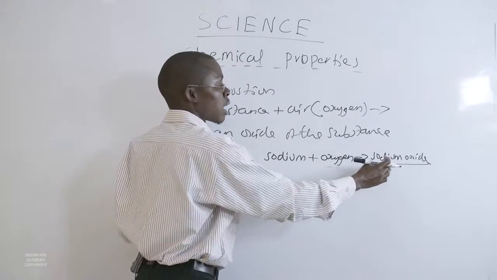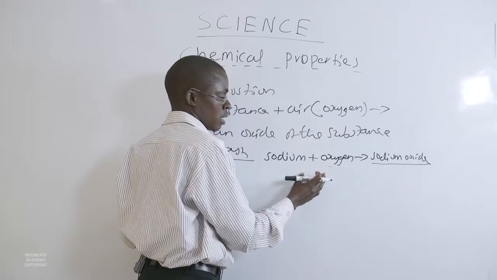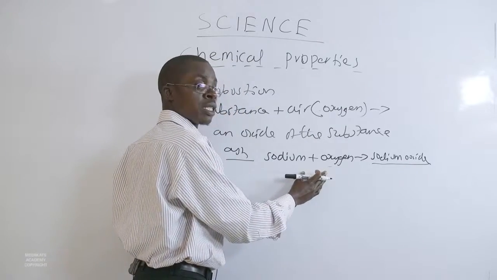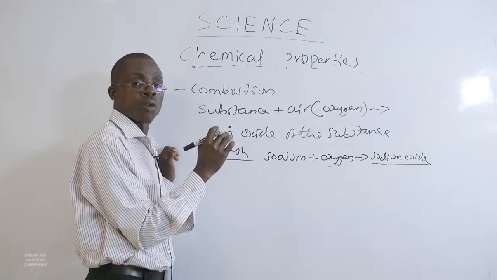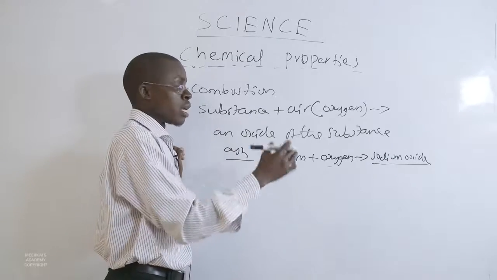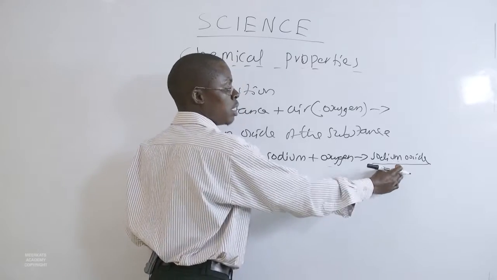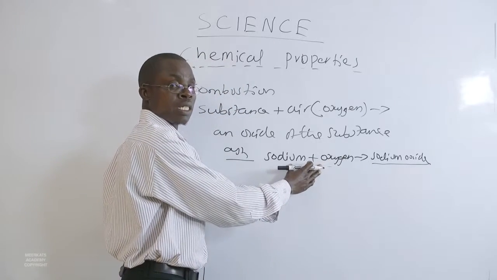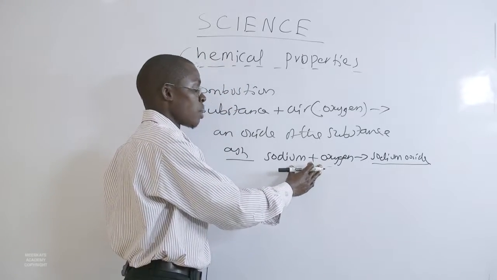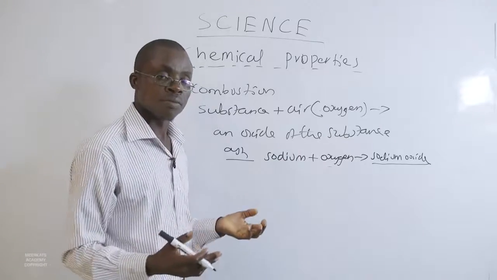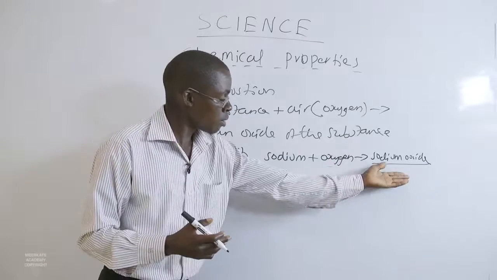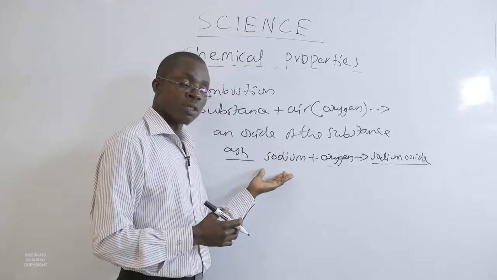So what we are seeing now is a chemical change. This is a chemical property: the change is irreversible. Another property is that the new substance is different from the reagents or the original substances by identity, which is true. This is sodium oxide, but this is oxygen, and this is sodium.